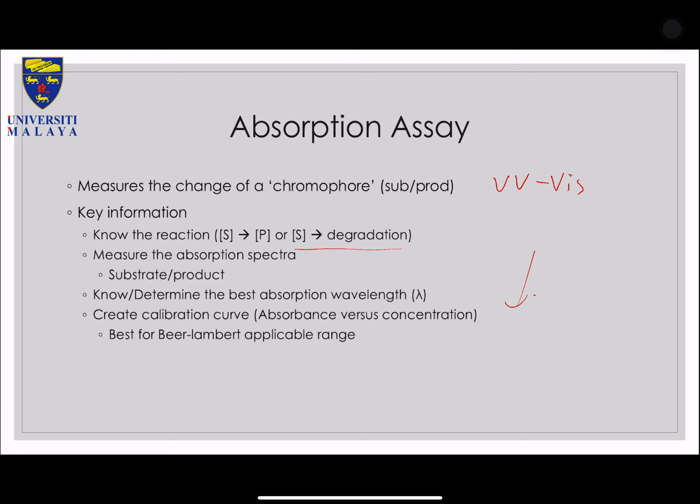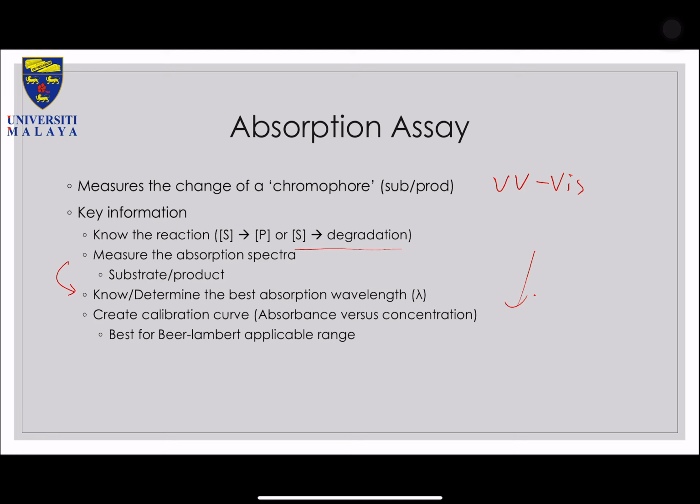So you need to know the reaction of the whole thing. Either you are focusing on the enzyme or you are focusing on the substrate or product. And then what you do is you measure the absorption spectra, so that you can determine the best absorption wavelength.